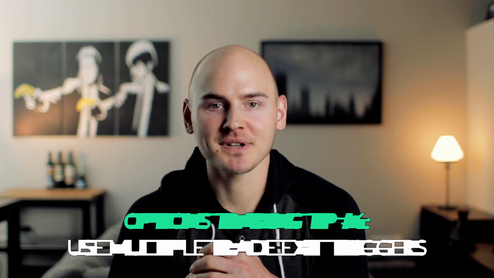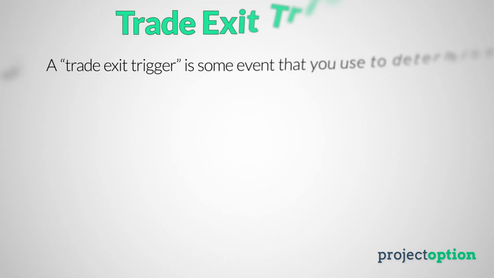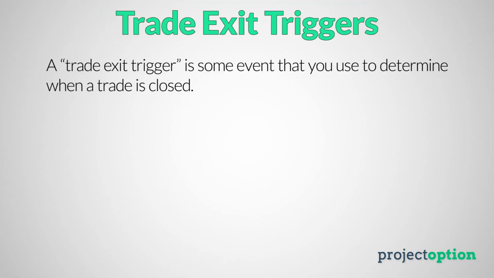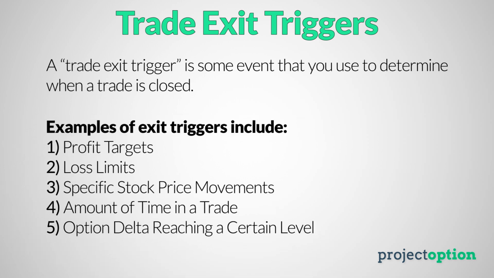Options trading tip number 6 is to use multiple trade exit triggers, meaning when you enter a trade, there should be many different things you're looking for to determine when to close that trade. It could be as simple as using a profit target, which I just mentioned. You could use a loss target.